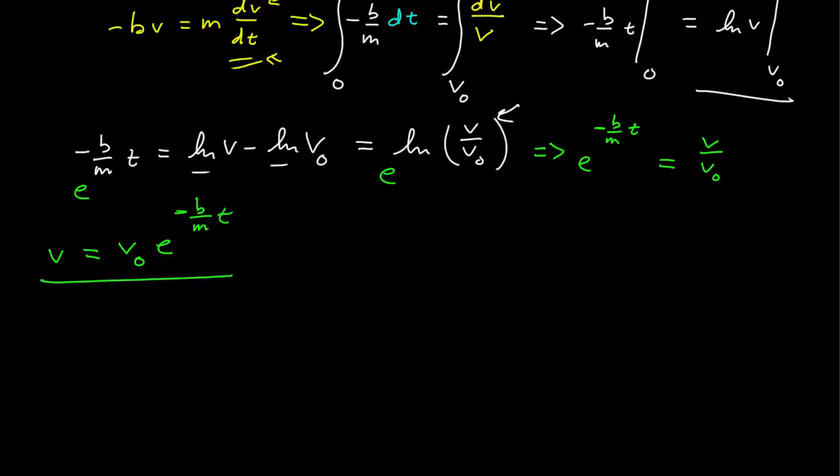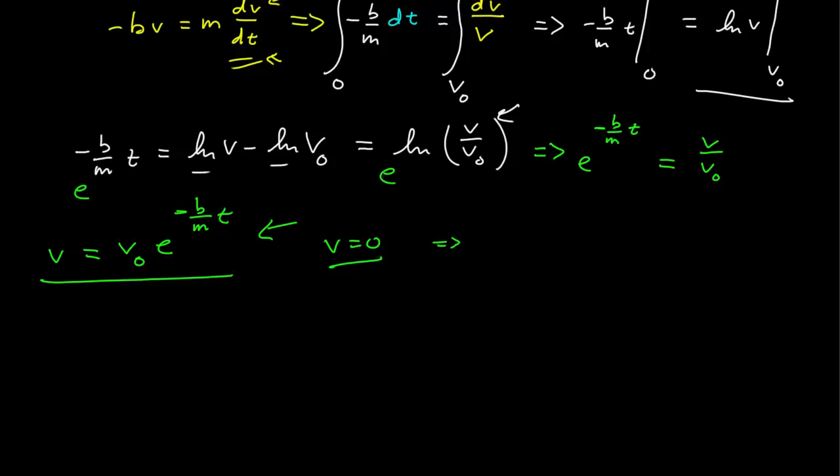So now we have velocity as a function of time, and we want to know how far it goes before it stops, so we want to find where the velocity is equal to 0. Interestingly, the velocity never goes to 0 in this expression. It exponentially decays, but it continues going on forever.